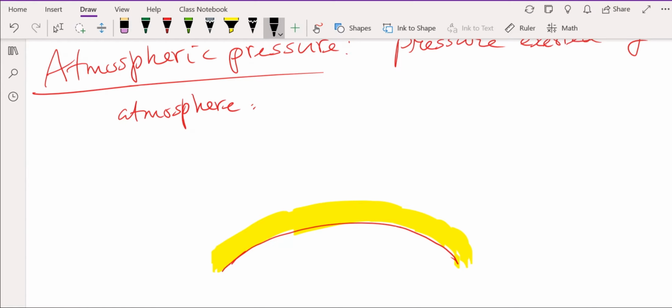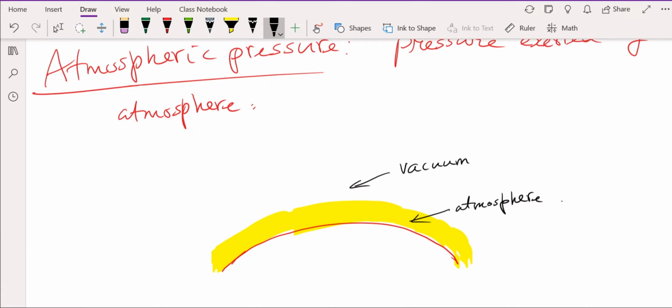Vacuum. Vacuum means what? Nothing. So is the atmosphere putting pressure on the Earth? Yes, it is. And on us too.